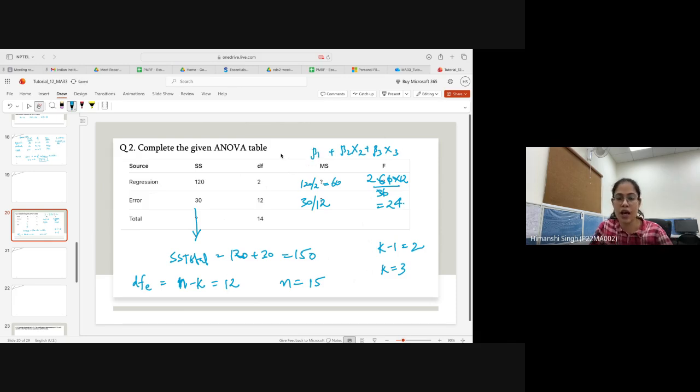And we have done all the calculation for SSR and SSE, all this analysis, on how many observations? 15 observations. So here in this question, the model was not given, but by the information given here and by the formulations we have discussed, we can find out what the model is, how many explanatory variables and coefficients we have, and how many observations are considered.